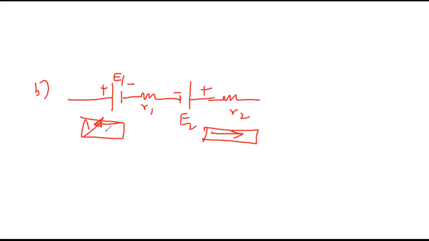Opposite. So whenever cells are in series but like terminals are connected together, then we say they oppose each other.